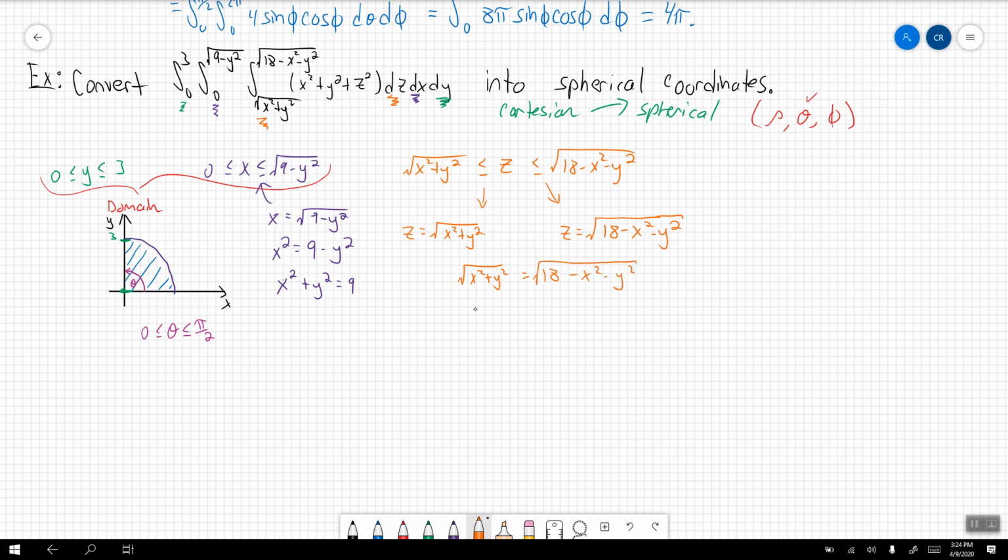Well, square both sides, and we're left with x squared plus y squared is equal to 18 minus x squared minus y squared. Add both of the x squared plus y squareds to this side, and it's going to get me two of them, and then divide. So it's going to get me x squared plus y squared equals 18 divided by 2, which is 9, which means we're left with this. Now, is this the initial value that we got here? Yes. This is the exact same.